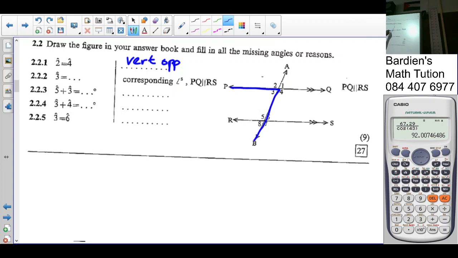Corresponding is the F, not so? So it's corresponding to angle 8. Angle 3 plus angle 5 is co-interior then, not so? They equal to what? 180. It's co-interior angles with PQ being parallel.